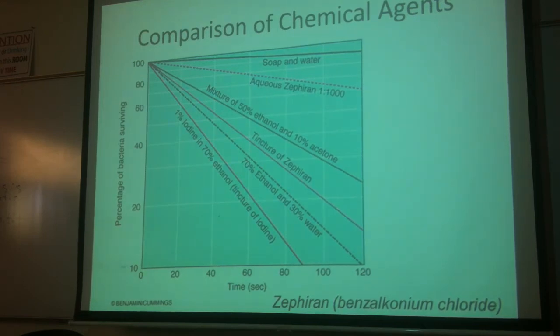For most of the things that you're going to deal with in your normal life, soap and water is fine. If you're coming into the medical world, soap and water might not be good enough. You don't see surgeons washing their hands for only 2 minutes with soap and water.